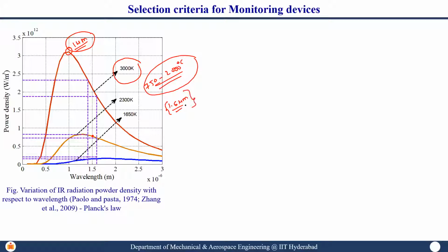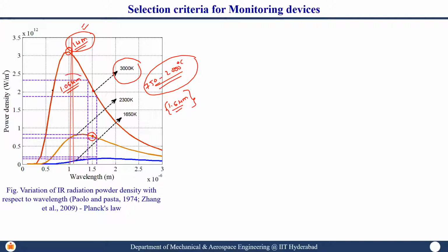Now the next obvious question is, instead of this, I could have selected this one because the intensity is much higher, that is 1 micrometer. The selection of a particular detector depends not only upon the temperature, but also on what energy source you are using. I am using a laser. The fiber laser has a 1.06 micrometer wavelength, which essentially means if I select a detector which operates at 1 micrometer, it will not measure my temperature.